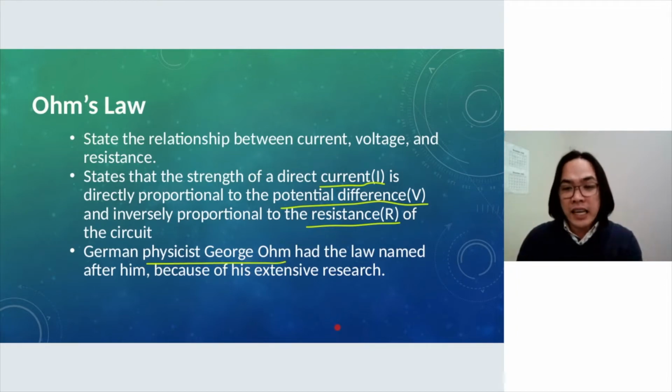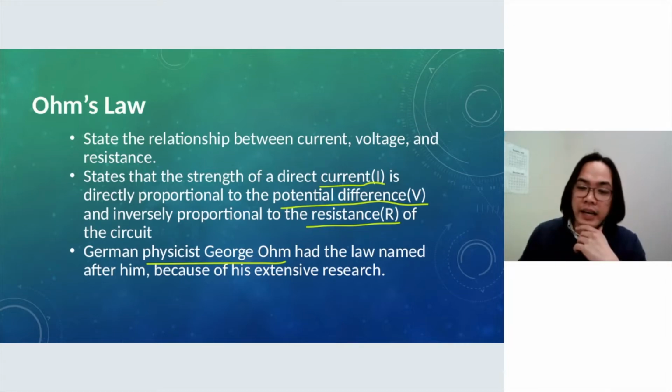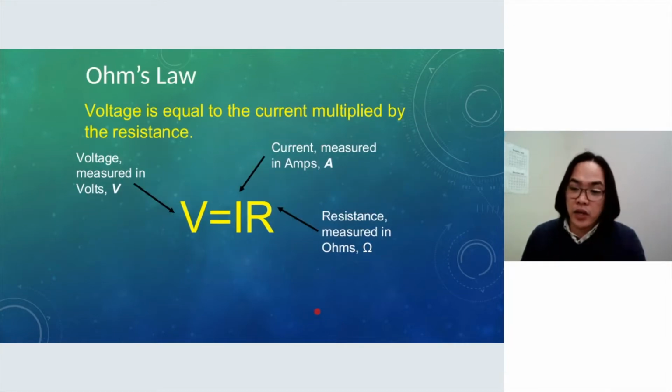Now from this statement, or from this law, we can now come up with an equation. Because remember I told you earlier that current, voltage, and resistance are quantities or factors that affect electricity. So it is very important for us to know how to solve or measure the voltage, the flow of current, and also the resistance. Let's go ahead and take a look at its equation.